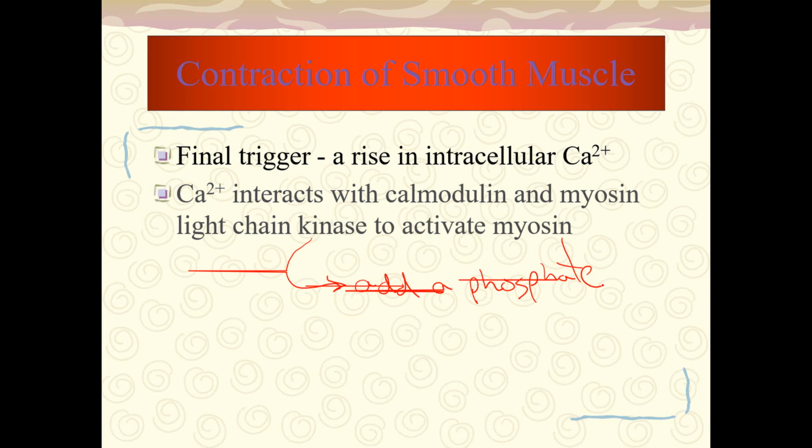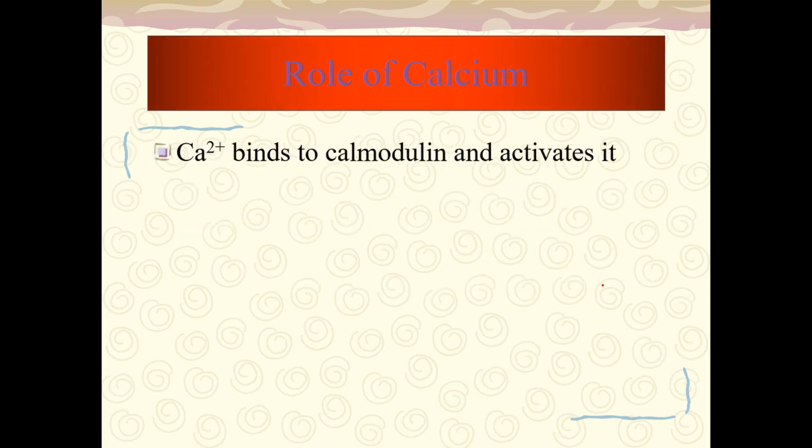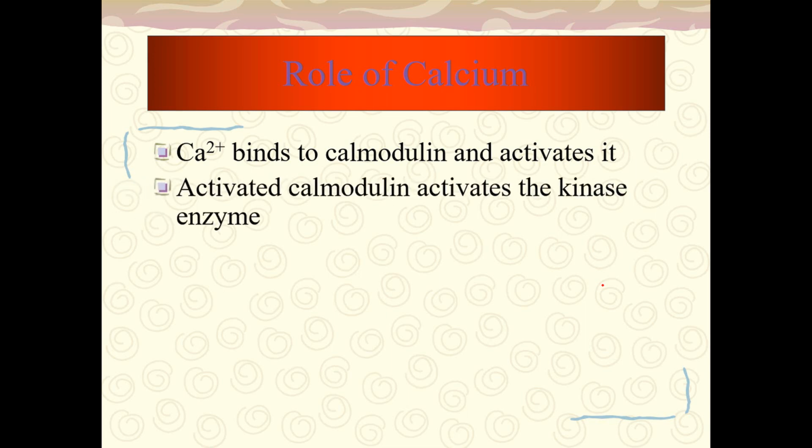All the different kinases, they differ by what they add a phosphate group to. Okay? So we're going to go over this. I don't have an image of this though. So calcium binds to this structure called calmodulin, this protein. Calmodulin is then activated.